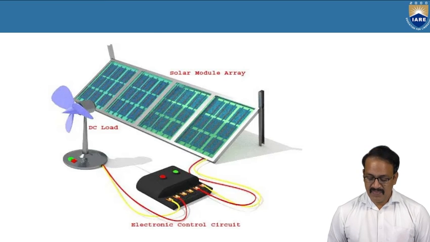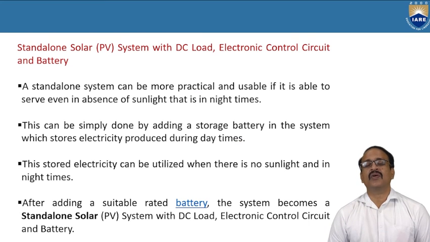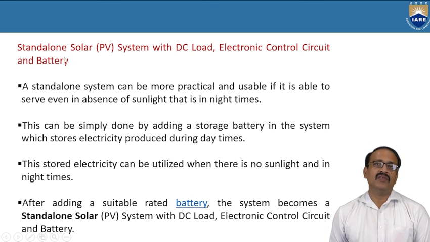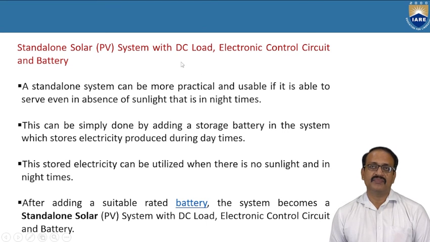That is the battery pack. That is the third type of standalone system, the standalone solar system with the DC load, circuit and battery. What extra thing is added now is the battery.